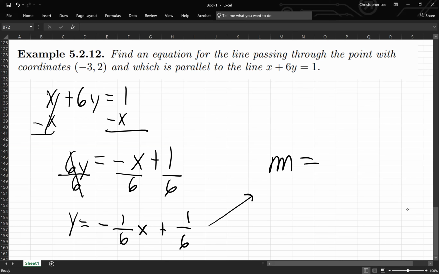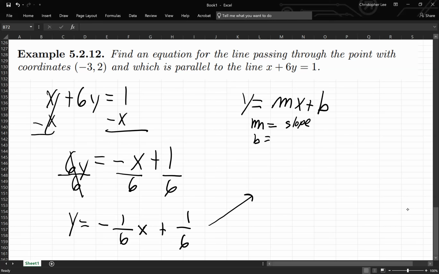No. So you remember the equation of a line. It's y equals what again? Y equals mx plus b. And what's m again? Slope, right? And what's b again?